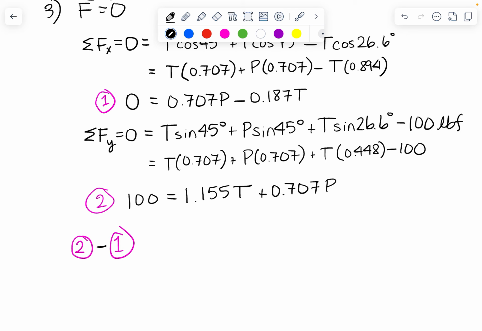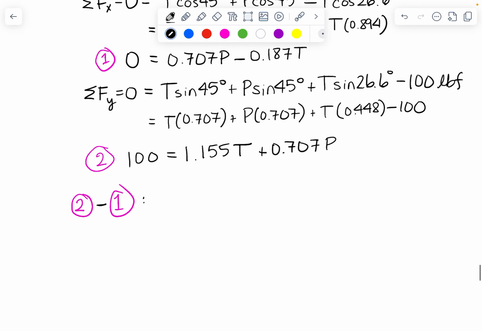Now if you don't want to do that, you could just solve this equation for P, plug P into this equation, and then solve it for T, just as we've done in previous examples, but I just wanted to show you another trick that you can use to save a little bit of time.